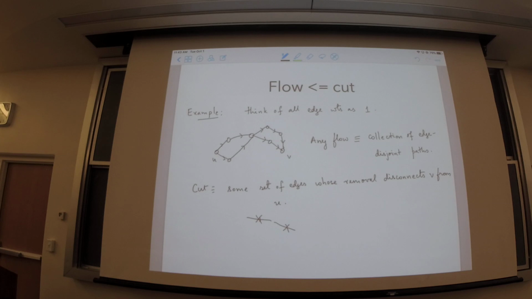And now you look at the original flow, and you look at each path in that flow. The original flow was maybe using some of the edges in there, so it consisted of a bunch of paths.